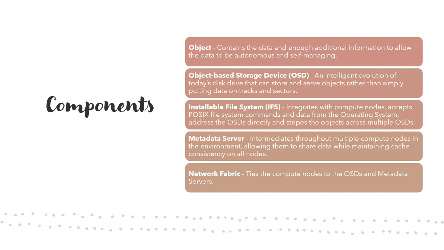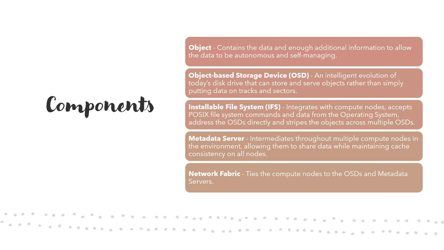In S3, it is known as buckets, but in a general way, those are referred to as containers. Like in a file-based system we call them folders and subfolders, here we call them containers. So the OSDs will go and fetch the actual objects from the containers, by referring to the metadata server.